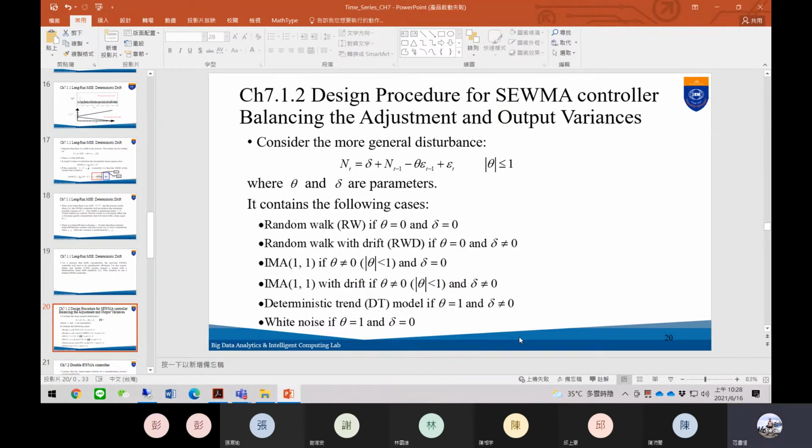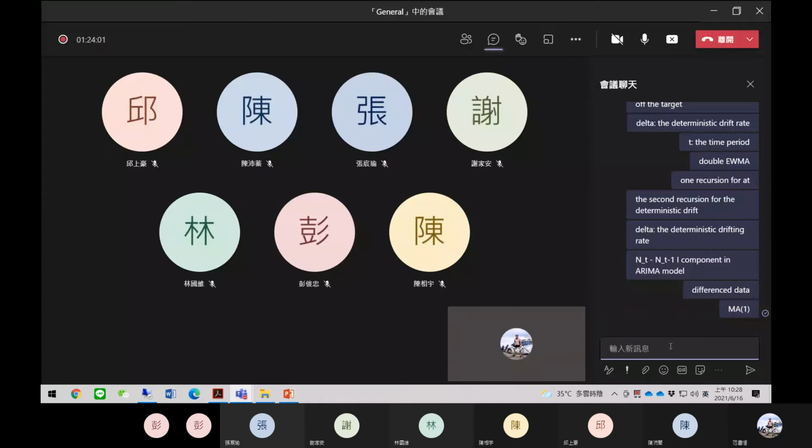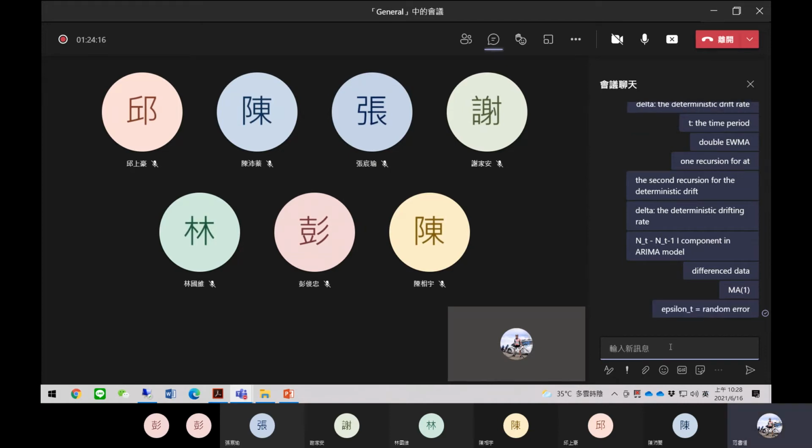If theta equals 0, no MA, no deterministic drift, then N_t equals N_{t-1} plus epsilon_t, which is a white sequence. Epsilon_t is a random error.